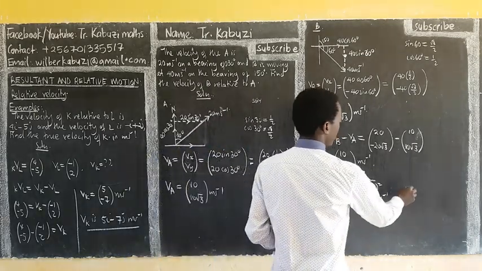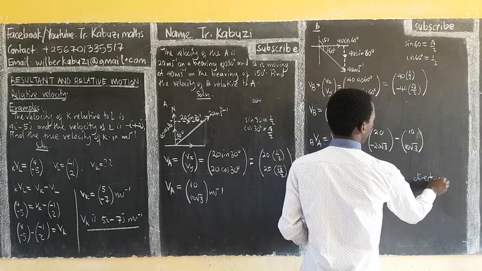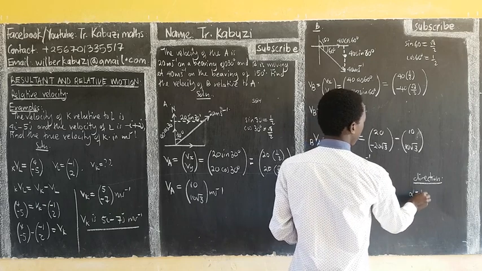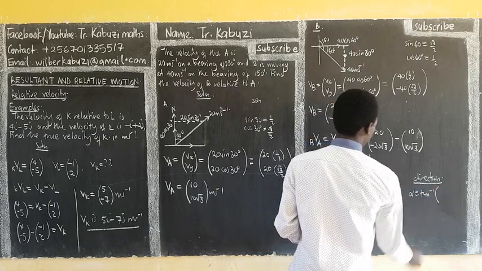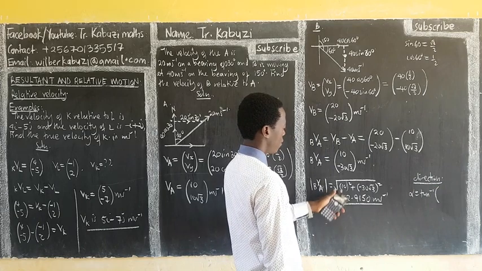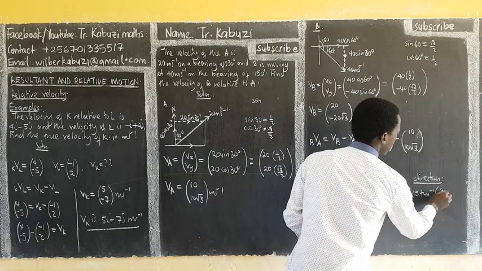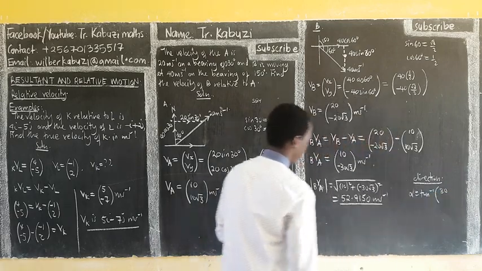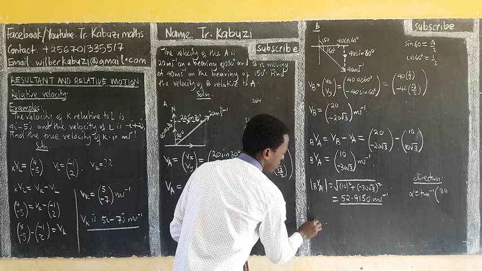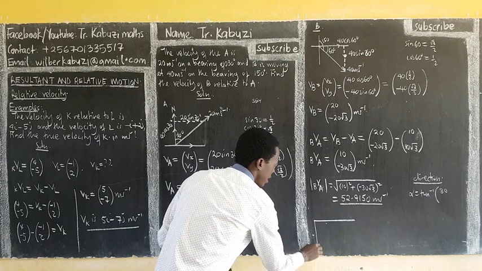Then we can also get the direction. Our alpha is going to be tan inverse of this over that. If you have sketched that, you can see this is positive, this is negative.